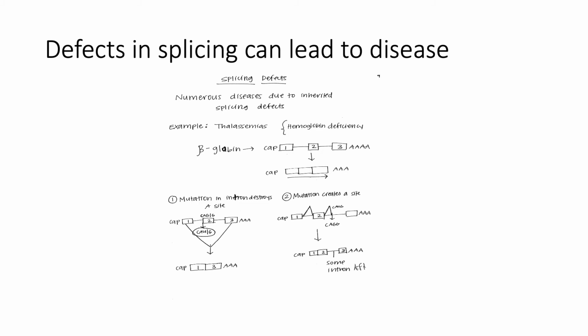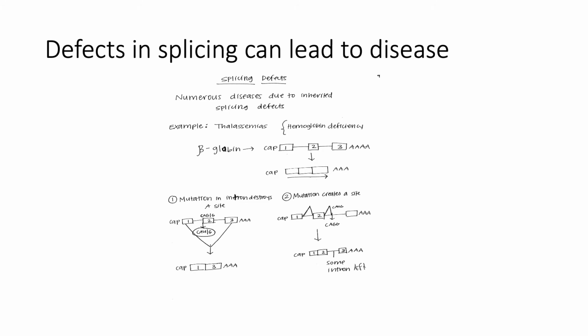Now, if there happened to be a mutation that changed the sequence from CAG to CAU, in other words, it introduced the U instead of the G, then that sequence can no longer be recognized by the small nuclear RNA, and so now it just looks like any other RNA sequence, and so the spliceosome does not recognize that boundary.